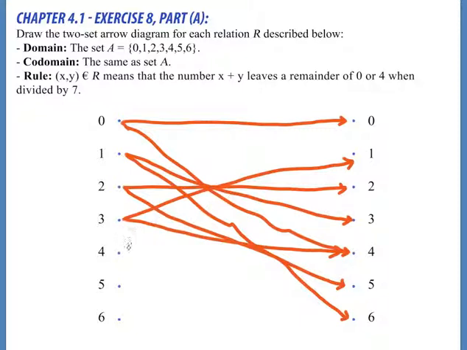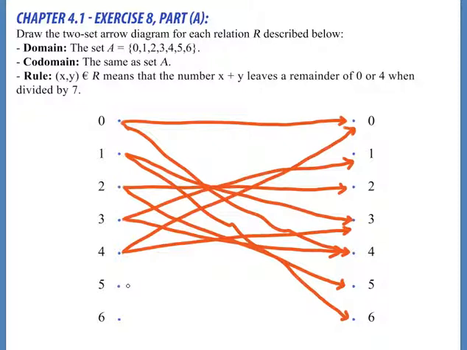So for 4 plus 0, that makes 4, so that's one of the matchups that actually has a remainder of 4. And also when you add 4 plus 3, that's 7, so that leaves a remainder of 0. So that is all for 4.